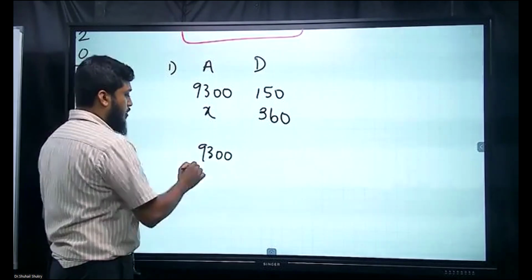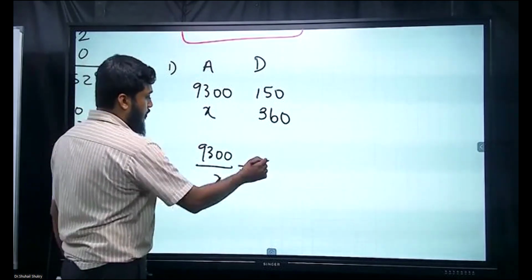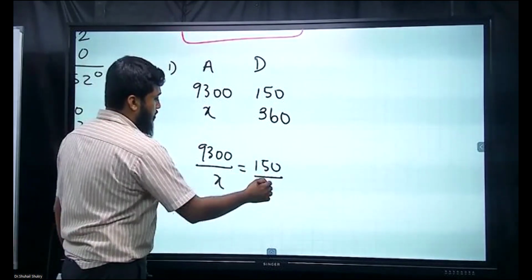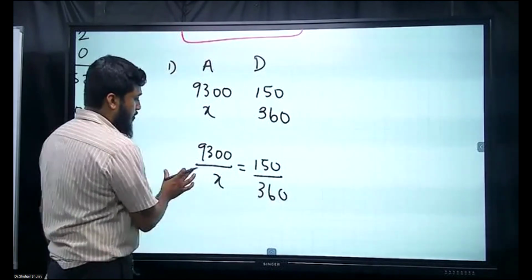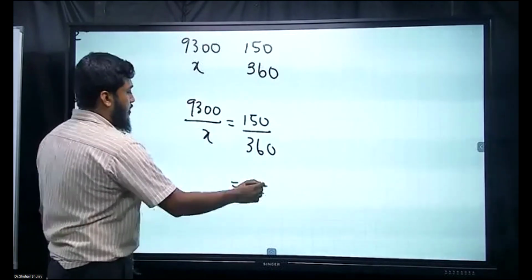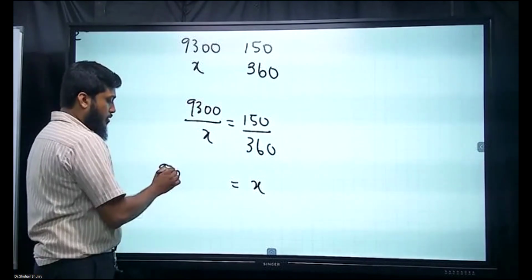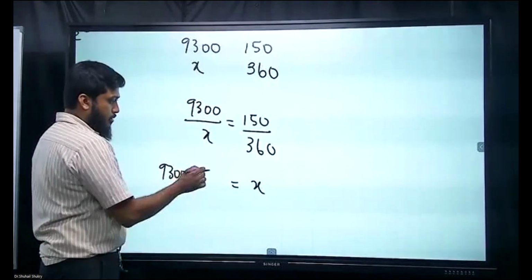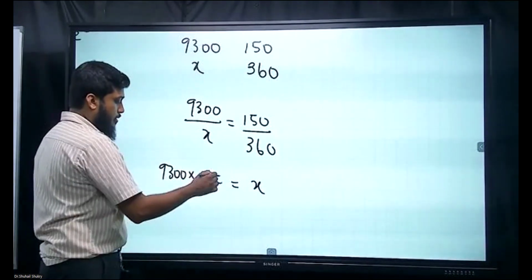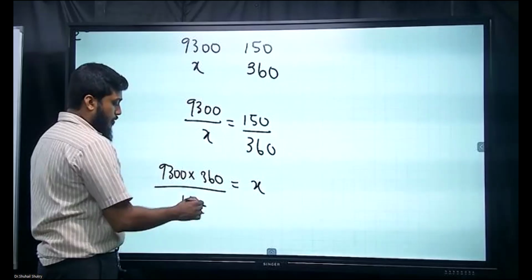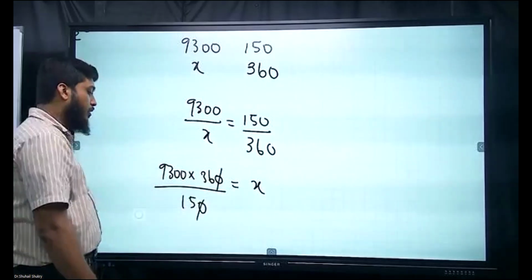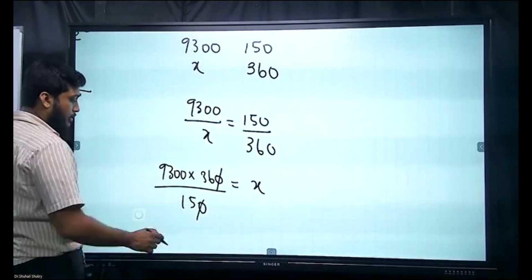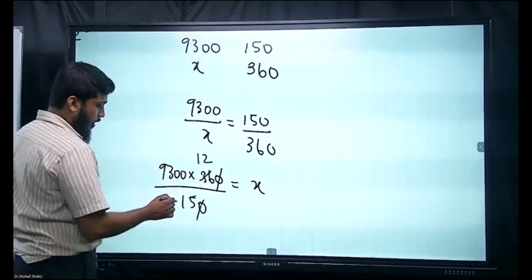So 9,300 over X equal 150 over 360. So I can send these people to other side. X here, 9,300 multiply by 360 divide by 150. So 0 we can simplify. These both are divisible by 3. So this is 12, this is 5.